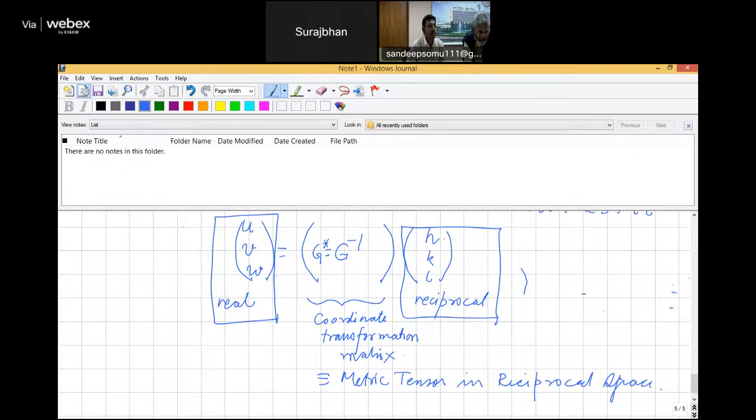So this is, of course, apart from geometrical construction. I'm not doing any geometrical construction here. I am giving you an algebraic formulation, an algebraic algorithm to do that.